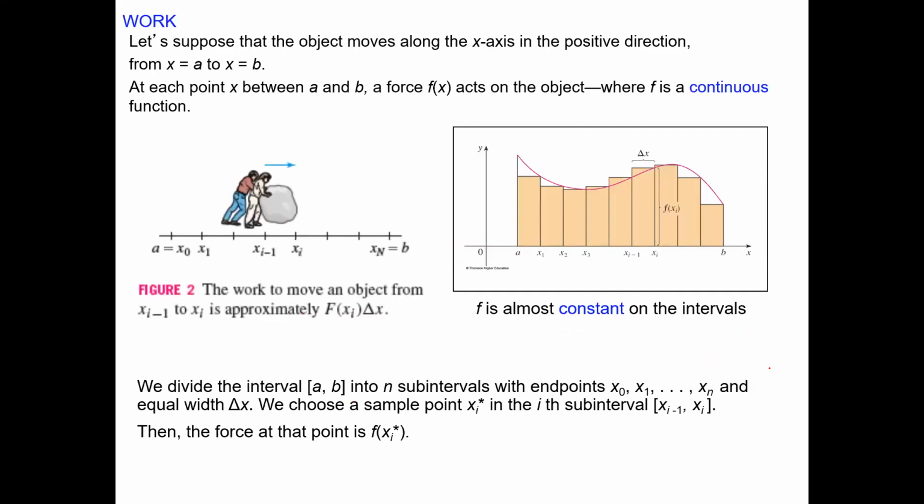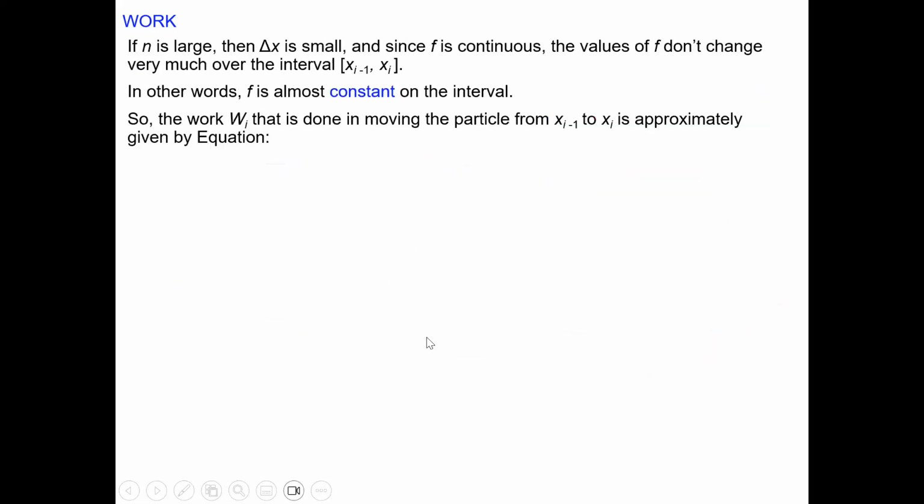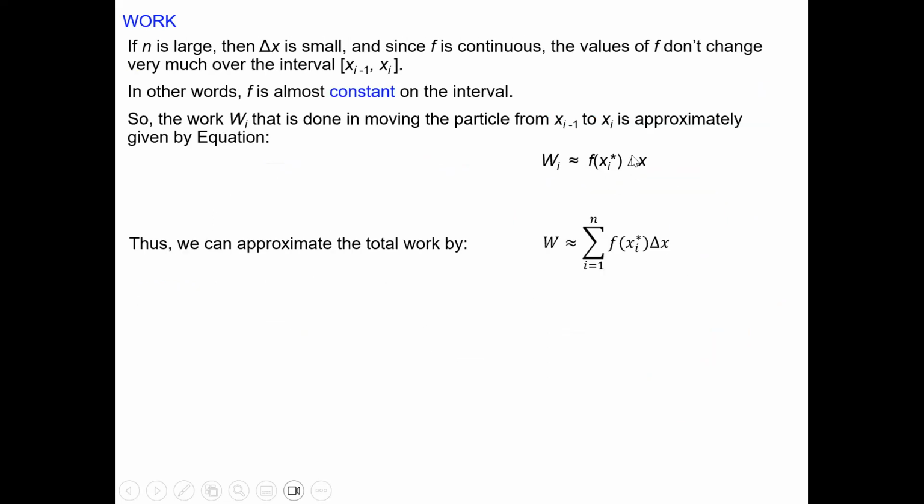Okay, and I have a really detailed description, dividing, and I think I typed it, let's see. Yeah. I think this is the work for one subinterval, assuming that it's constant. This is adding all of them.